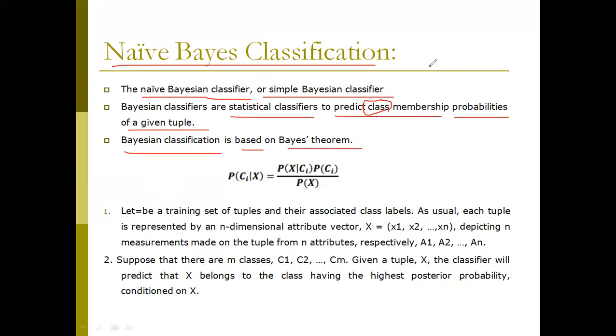This is the formula for Bayes theorem: P(Ci|X) = P(X|Ci) * P(Ci) / P(X). Here P(Ci|X) is the posterior probability for a given data set, which we find by using this equation.